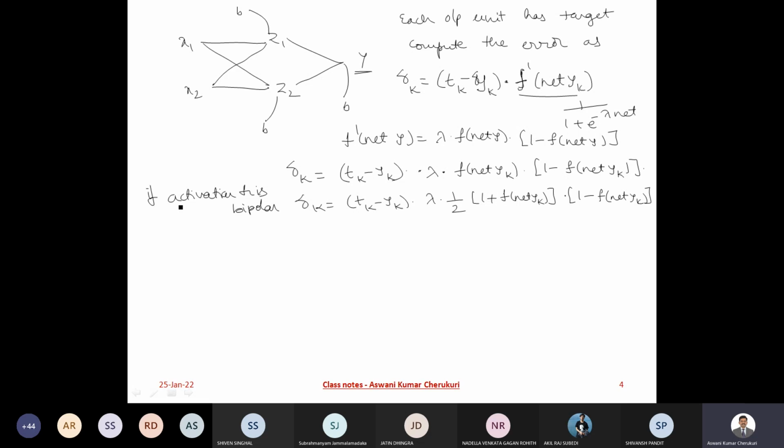Okay, if your activation function is a bipolar activation function, then your del k calculation is like this, because it depends upon the first derivative of the activation function.